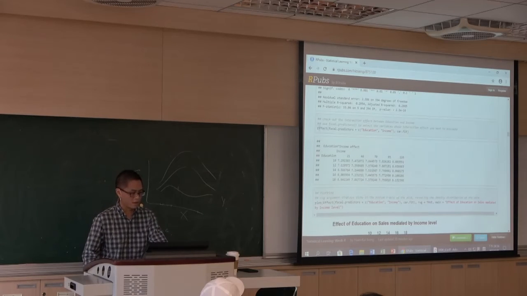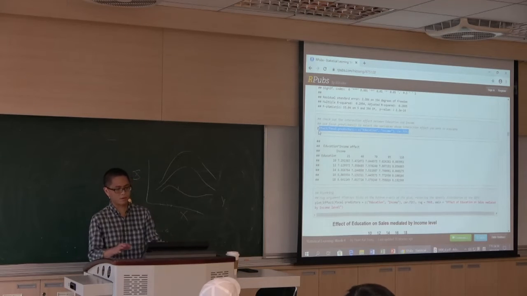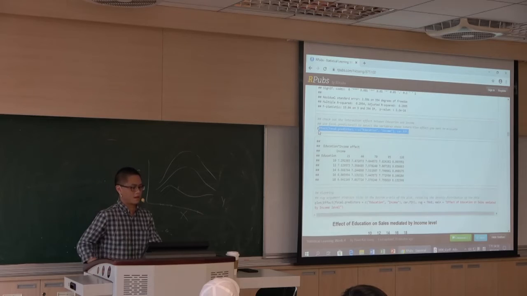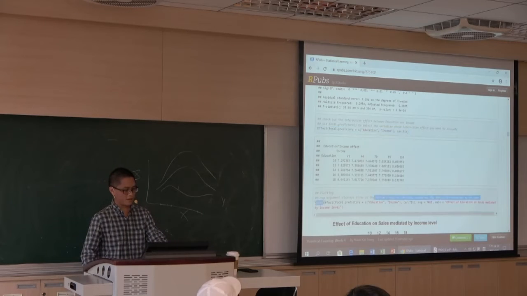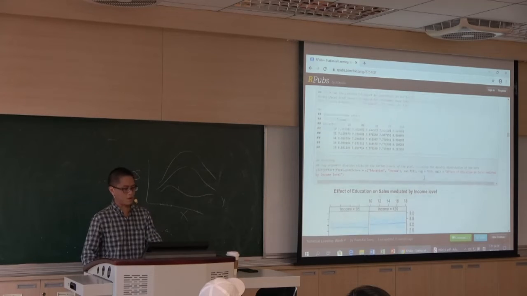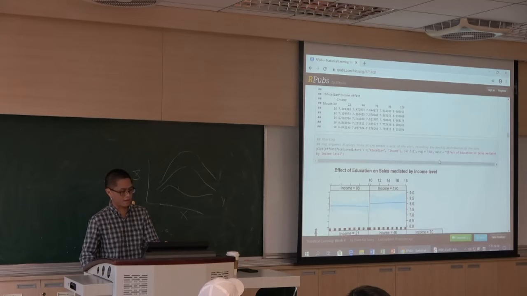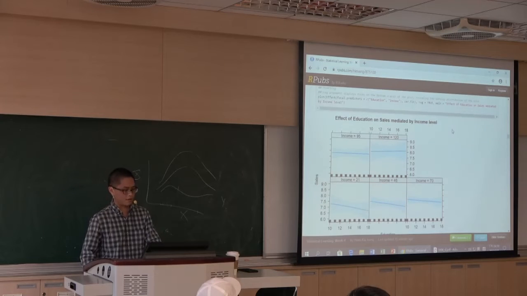You can also assign this to an object, say something like STH, to save on typing, and put it as the first argument of the plot function. Then you can specify rug true. The rug means the tick marks, or the density of the data distribution. Then you give it a title. Then we plot this out.